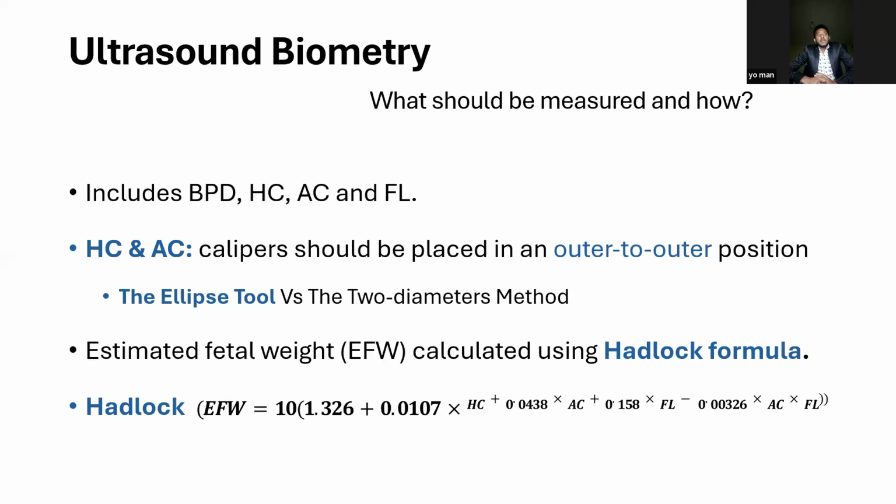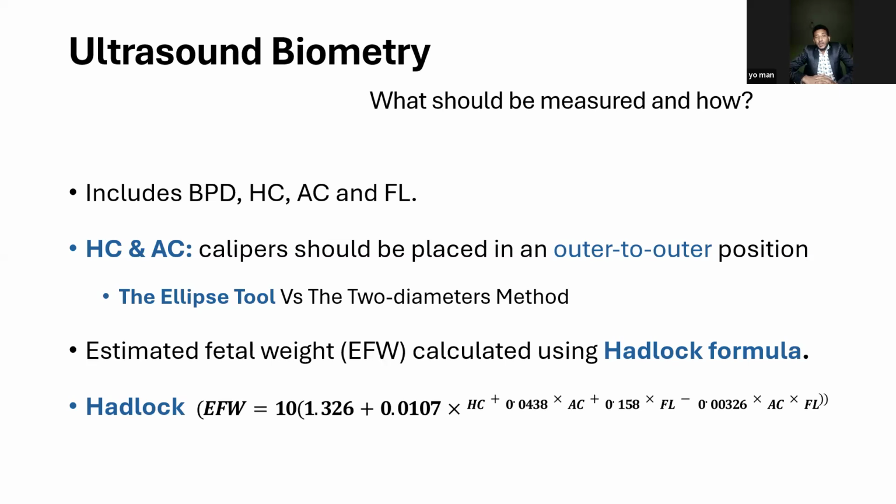The second thing that I want to highlight is that most ultrasound machines have a toolkit to measure those ellipses. The first one is the ellipse tool, and the second one is the two-diameter method. A lot of guidelines, ISUOG and others, recommend the ellipse tool to be used for HC and AC, and we consider that.